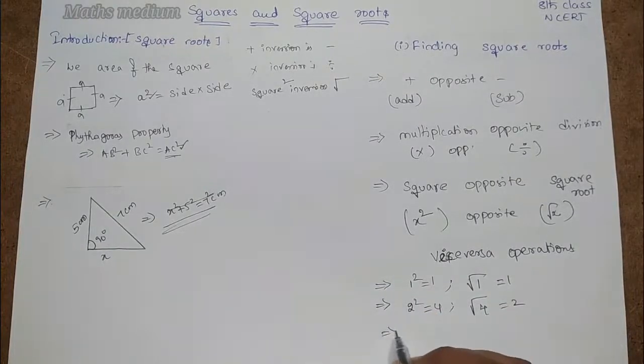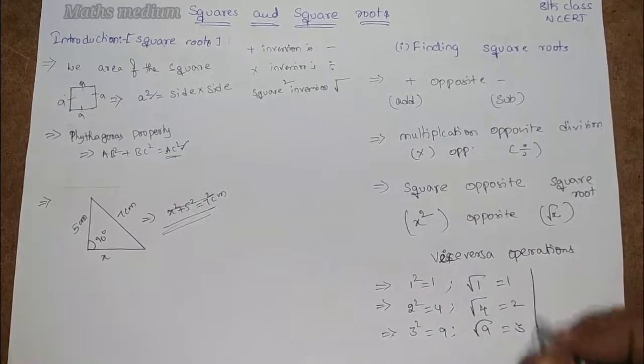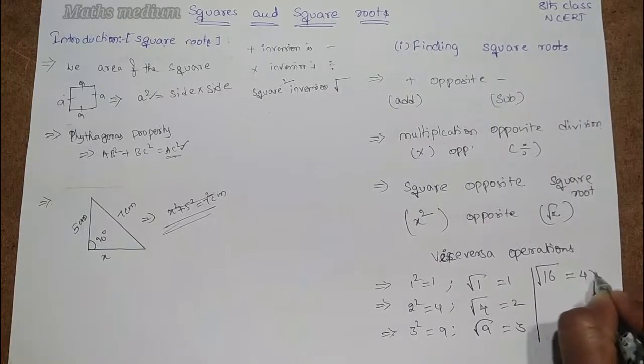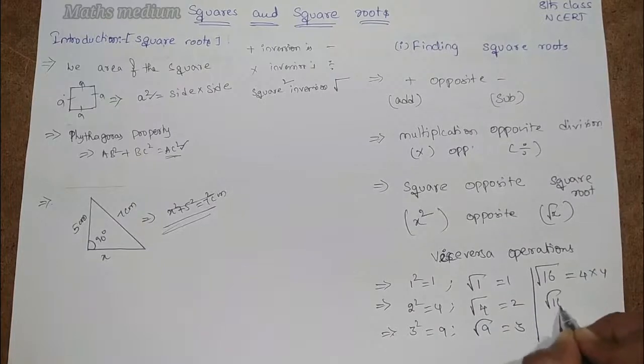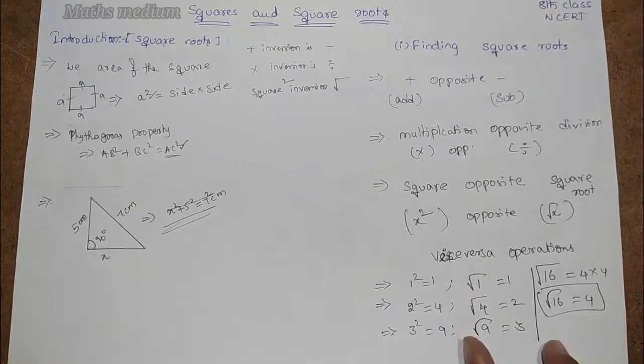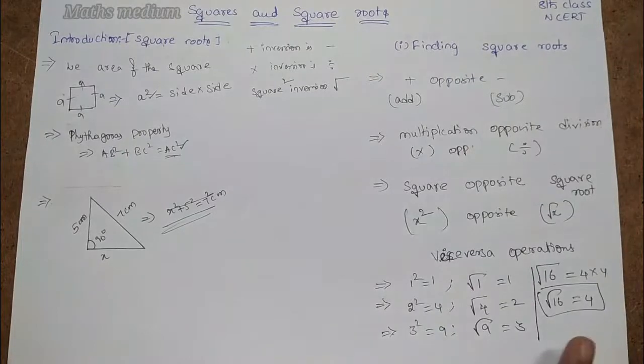Next, 3 square is equal to 9. Similarly, the square root of 9 is equal to 3. If you take 16, what is the square root of 16? 4, because 4 into 4. Root over 16 is equal to 4. This is the opposite operation for finding square root in a simple method.